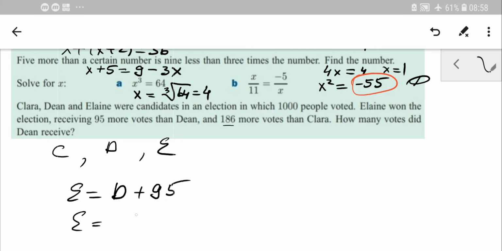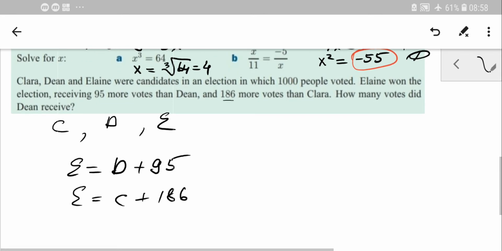So Elaine compared with Clara is Clara plus 186. We need to find how many votes Dean received.